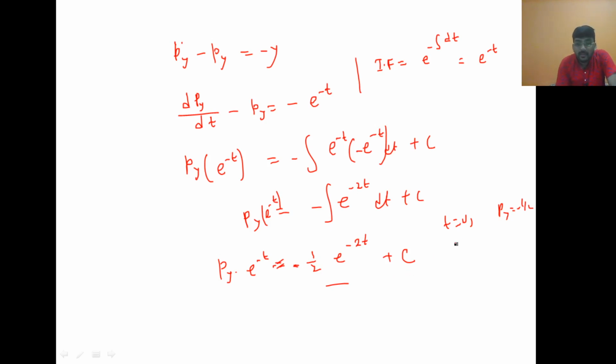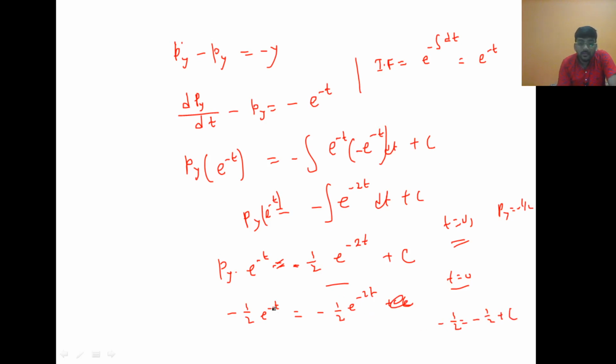Okay, so at t is equal to 0, we can find that py is equal to minus half, so it will be minus half into e to the power minus t is equal to minus half into e to the power minus 2t plus c. So here minus half will cancel out. At t is equal to 0, it will be minus half is equal to minus half plus c.